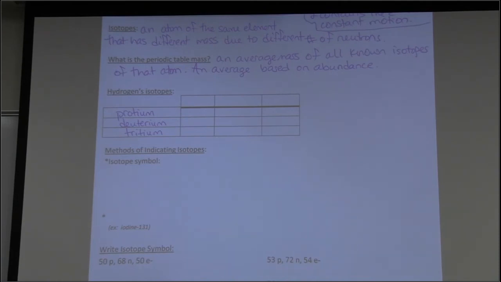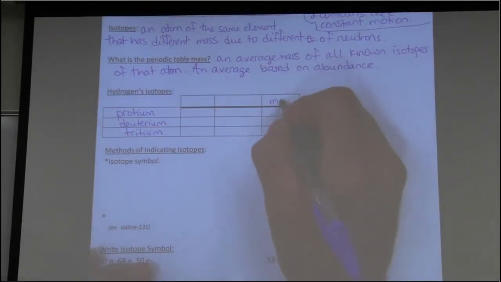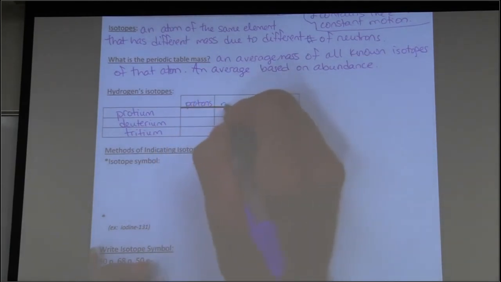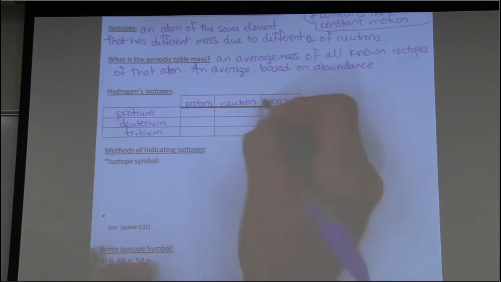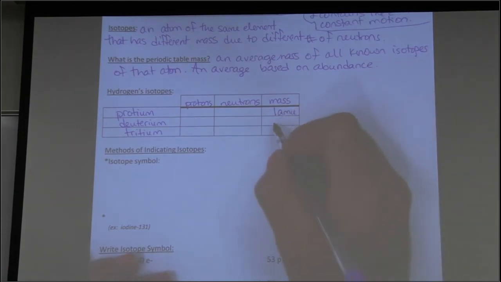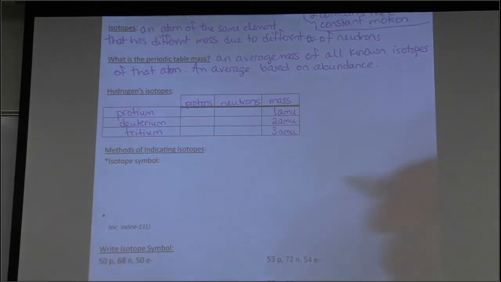So let me write that down. We're going to look at the mass, we're going to look at protons, and we're going to look at neutrons. The mass of protium is 1 AMU. What's deuterium? 2 AMU, and tritium is 3 AMU. Do you understand the names now? Okay.